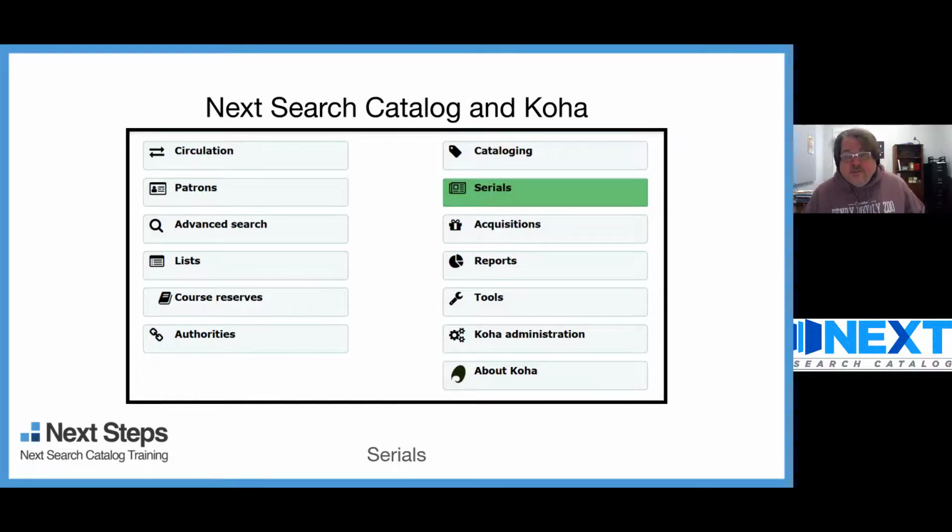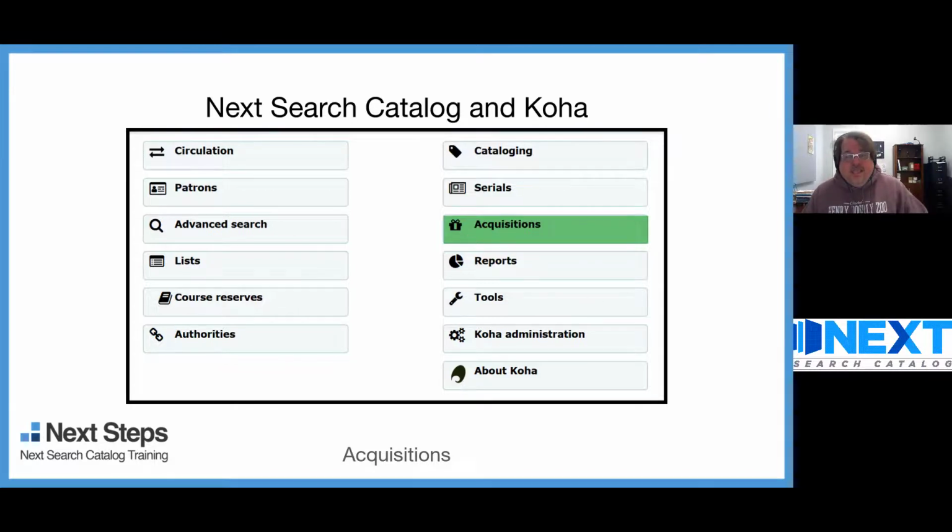Beyond that, there is a serials module that currently none of the libraries in Next Search Catalog are using. A serials module is a way to help track magazine subscriptions and journal subscriptions and to see what issues have arrived, what the titles you own magazines for. It's a good way to store and manage subscriptions. There's an acquisitions module.